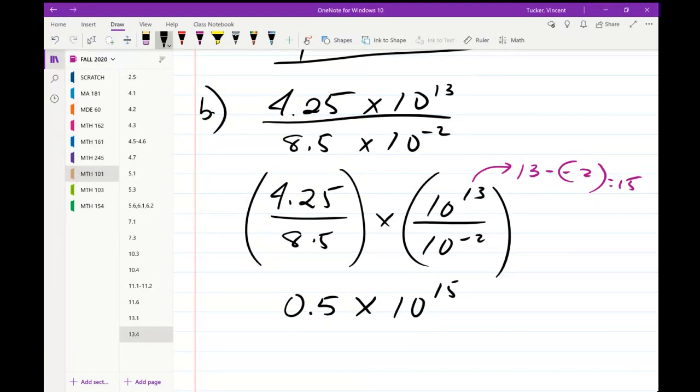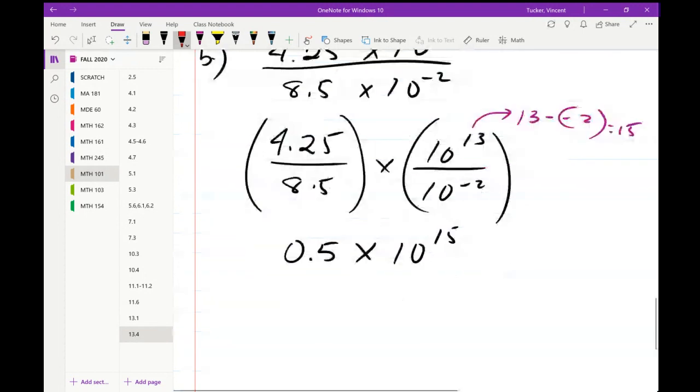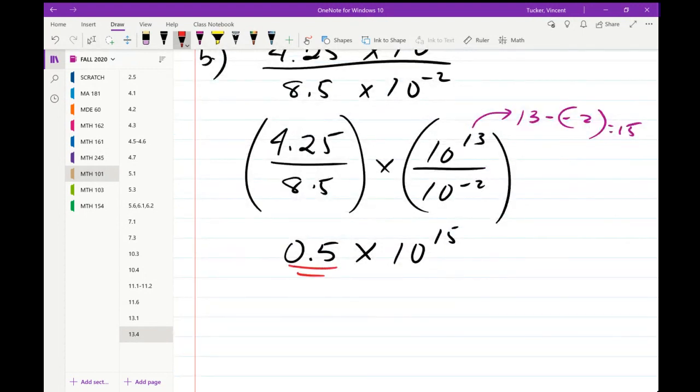All right. So now, once again, we have a scenario in which the number that's sitting right here is not in between 1 and 10. It's actually less than 1. So I need to take that decimal, move it to the right 1. That will give me 5. So that'll be 5 times 10 to the negative first power.